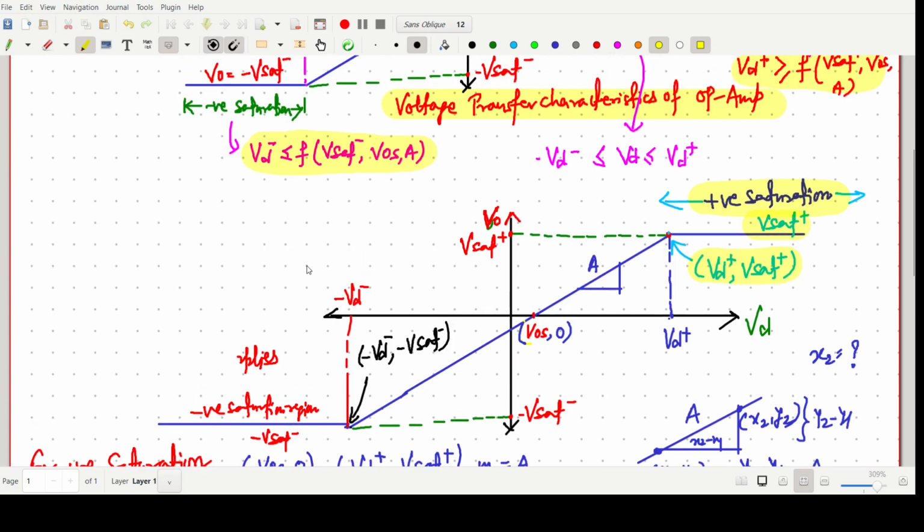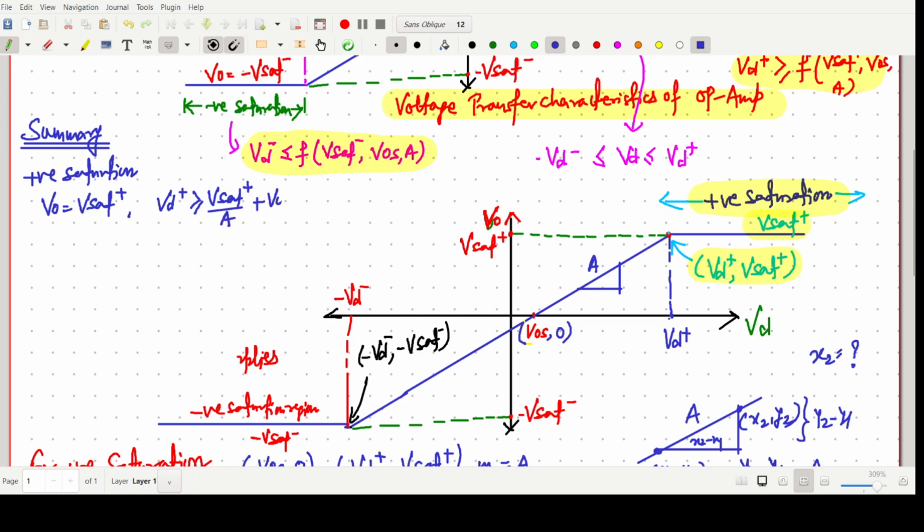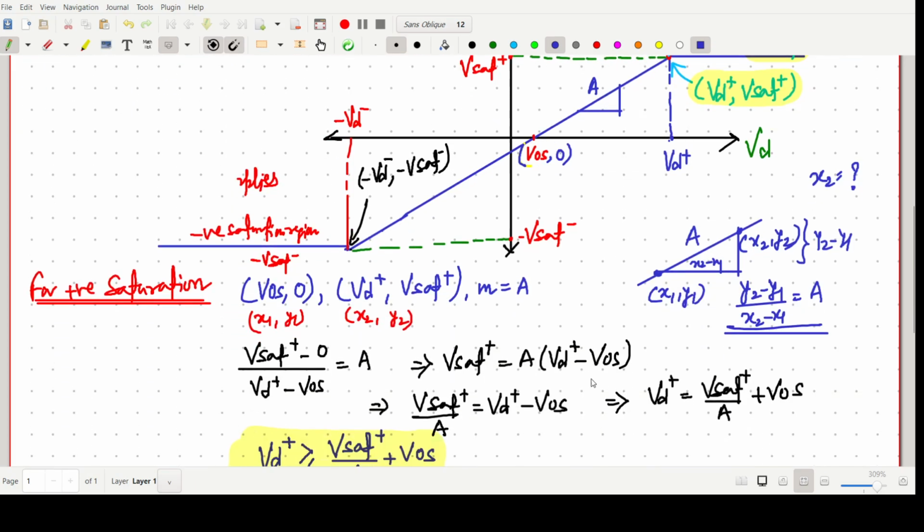So as a summary, I am writing here. For the positive saturation, we can directly say Vo equals Vset plus, and the condition for the positive saturation, that is our Vd plus, will be greater than or equal to Vset plus by A plus Vos. Already calculated here.